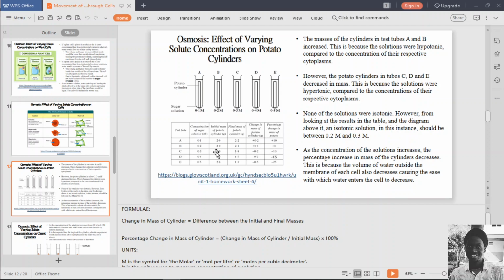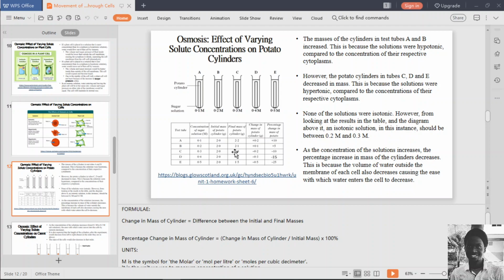Here the initial mass was 2.0 grams, the final mass was 1.8 grams. So notice that for the third, fourth, and fifth cylinders, you had decreases in mass, right? Because the final masses are lower than the initial masses.